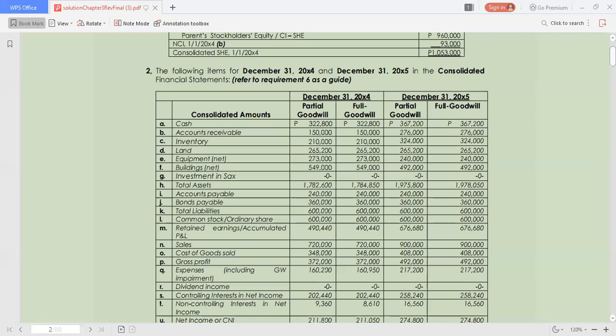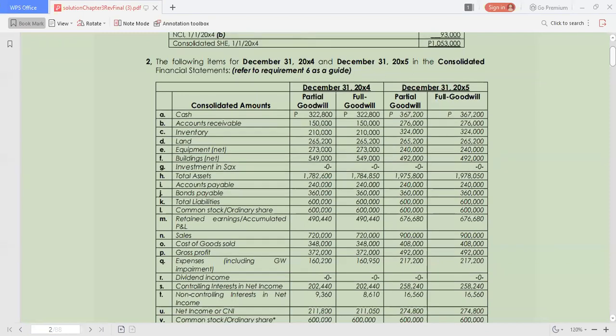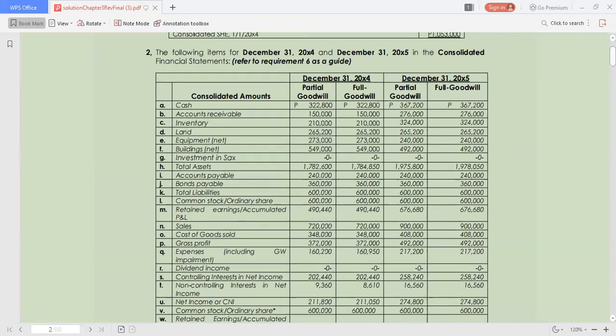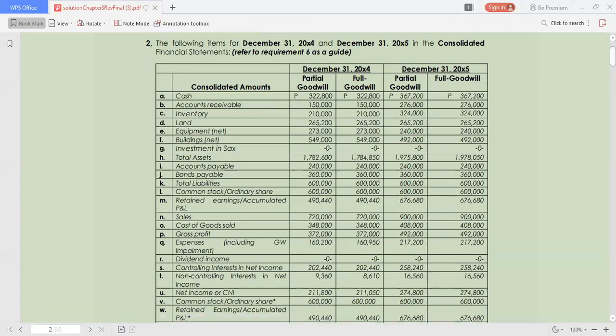Then dividend income, controlling interest in net income, and we have the non-controlling interest in net income as computed above under partial and full goodwill. Then we have the net income or consolidated net income. We have a difference of 750.